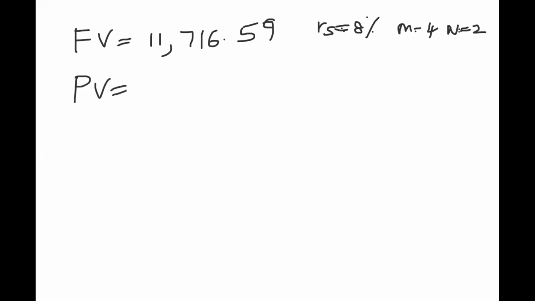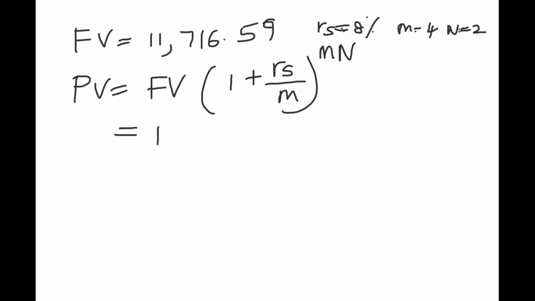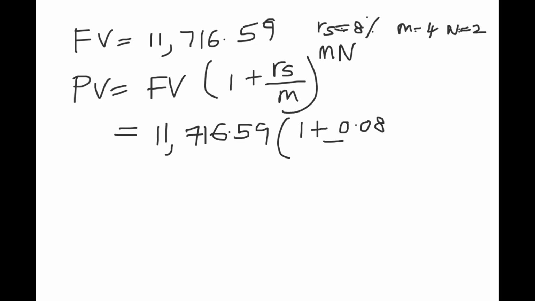Then we can write the formula: 0.08 divided by 4, multiplied by 4 times 2, and the sign should be minus mn.